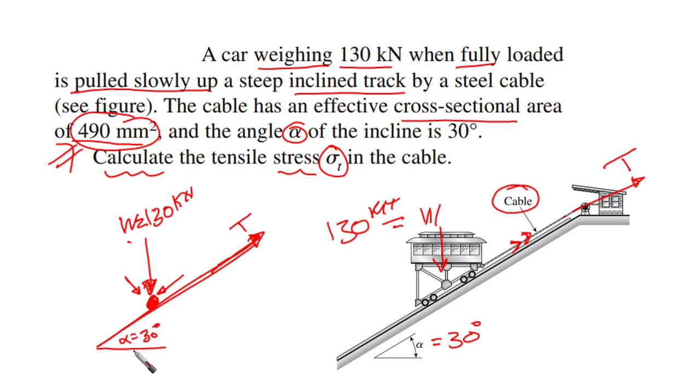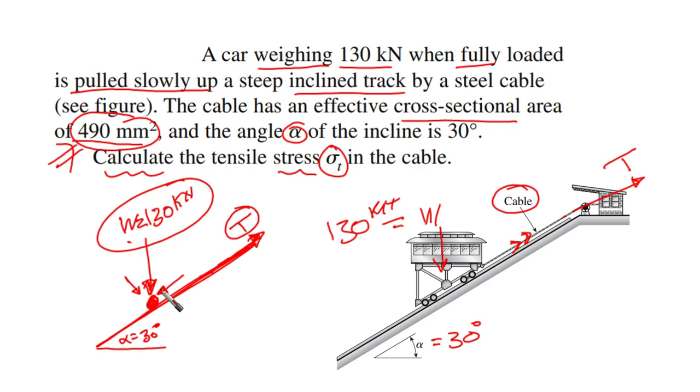So simply we are going to get this pulling force, that is going to be on the inclined direction of this incline, based on the equilibrium of the whole system.